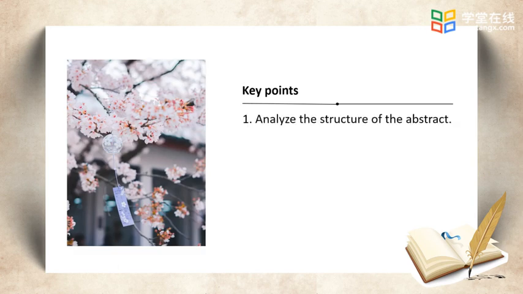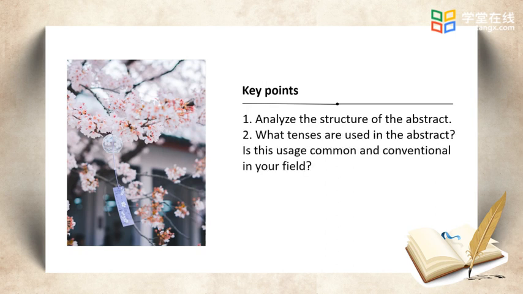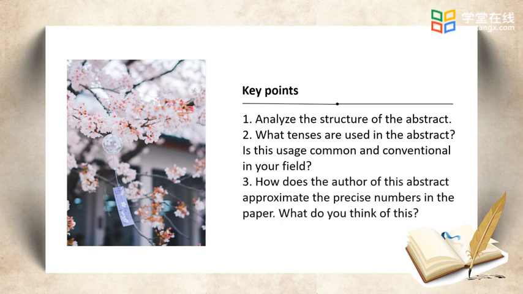Number 1. Analyze the structure of the abstract. Number 2. What tenses are used in the abstract? Is this usage common and conventional in your field? Question number 3. How does the author of this abstract approximate the precise numbers in the paper? What do you think of this?